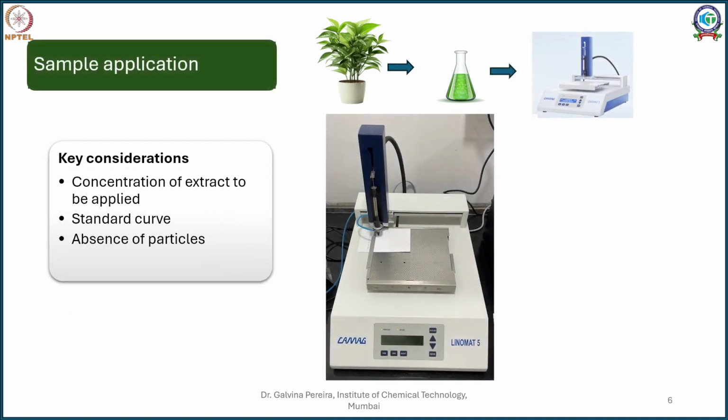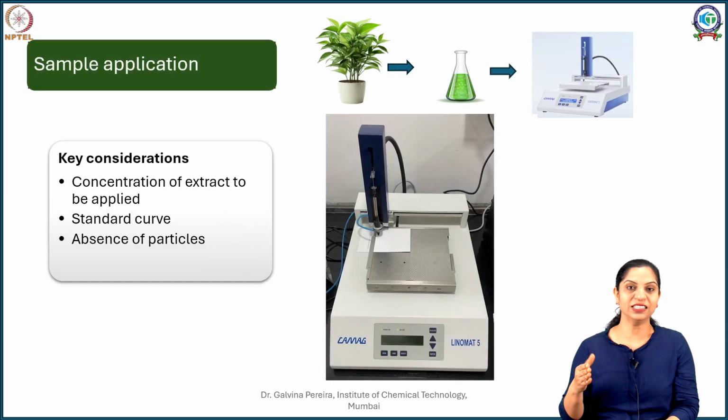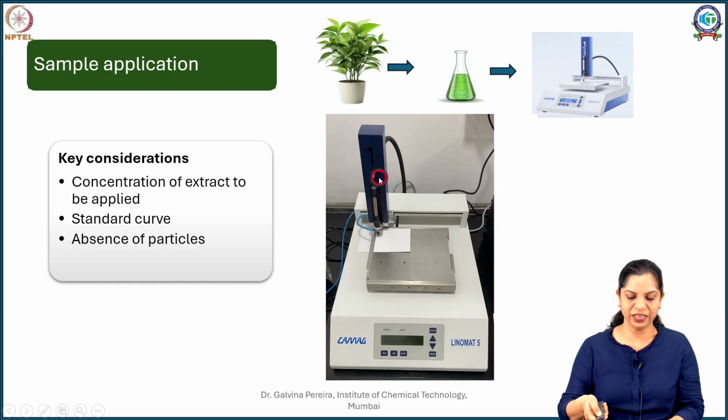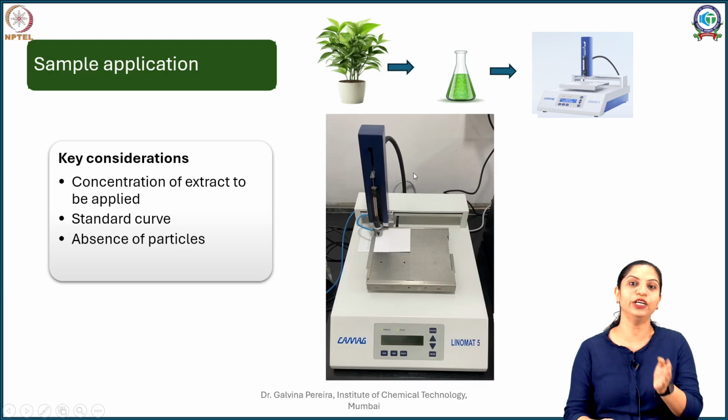Now we go to sample application. Sample application is done with, if you can imagine, something like your inkjet printer. What you can see here is a syringe. This syringe is filled with your extract and then it is controlled. This is a 100 microliter syringe and you can control the rate.